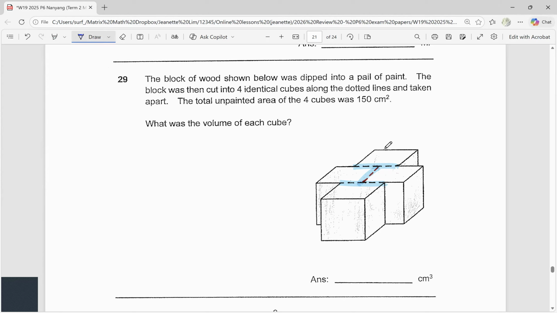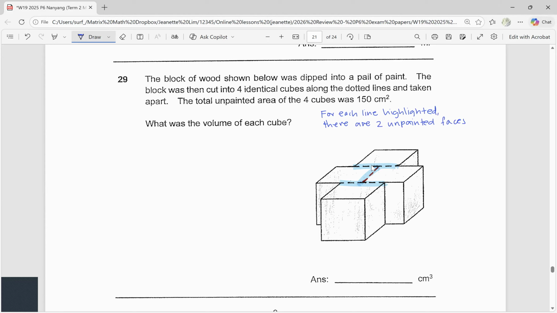One from this cube here, one from this cube, and that face is actually sticking on to a side from these 2 cubes, which will be the same area. So for each line highlighted, there are 2 unpainted faces.